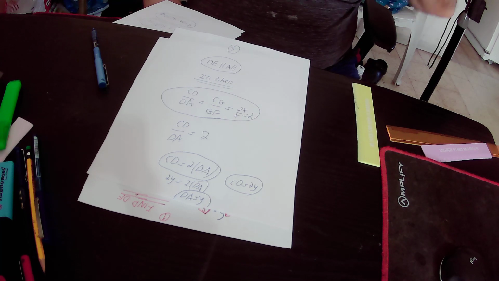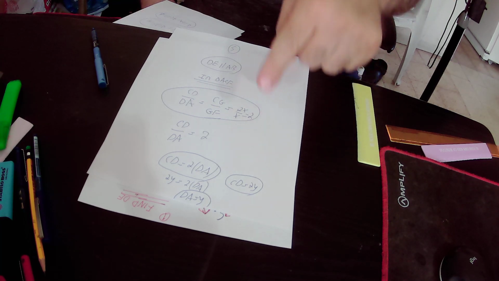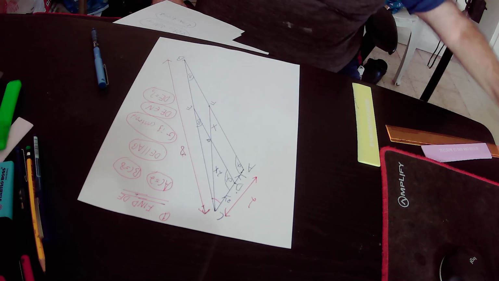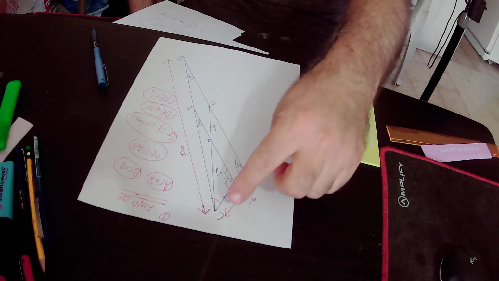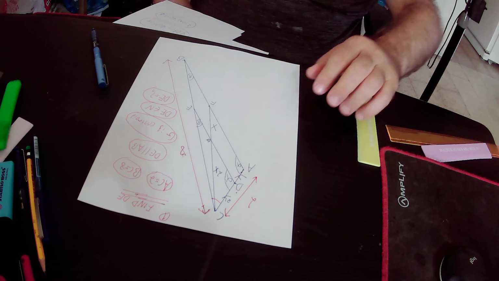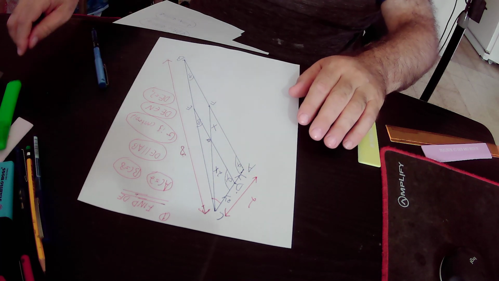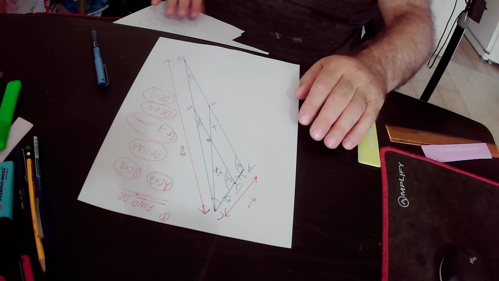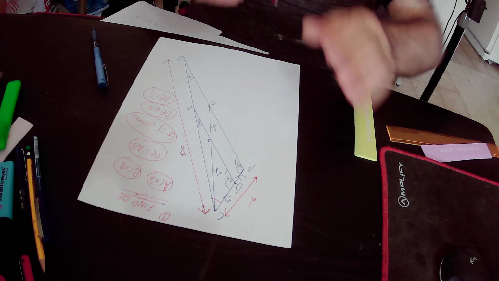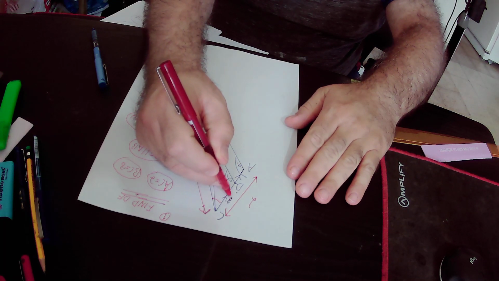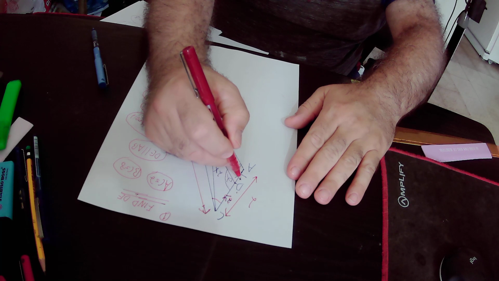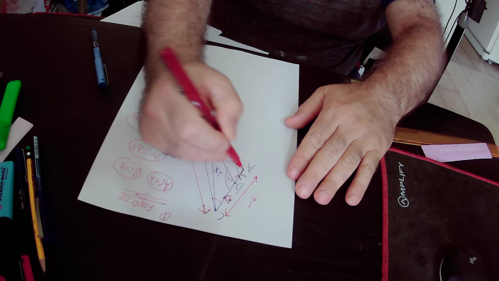So we found out that if CD equals 2y, then DA equals y. So we can write here that if DC equals 2y, then AD will be equal to y. Okay?